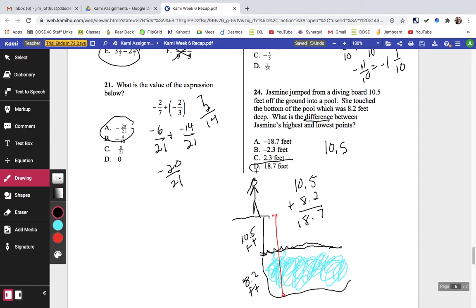The distance is 18.7 feet. So just to finish this off, she dove down here and she touched the bottom, like that. All right, and that is the answer key for 13 through 24.